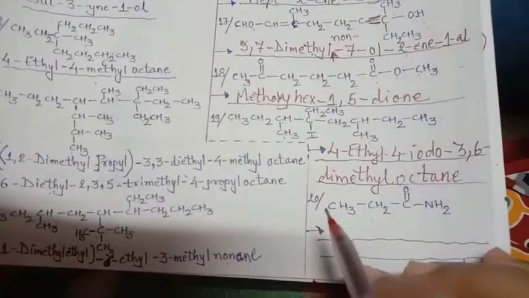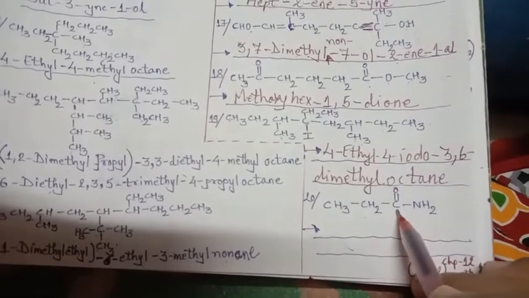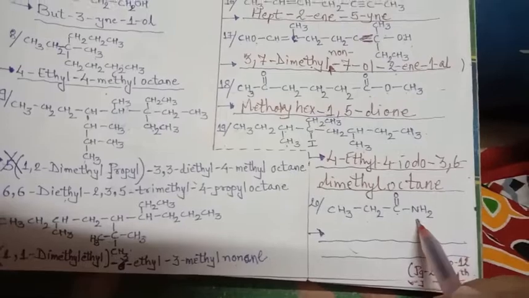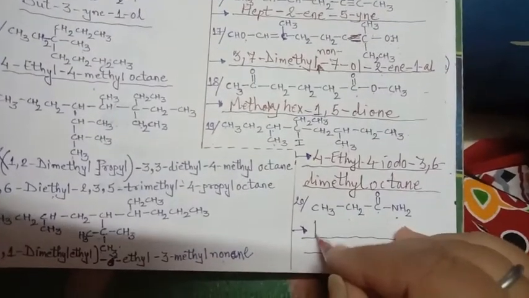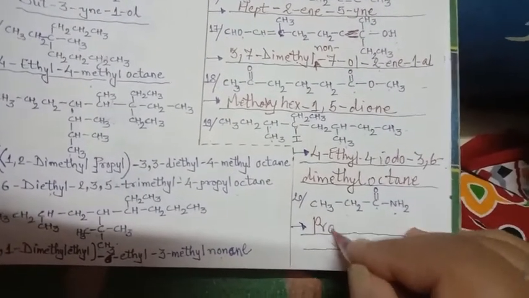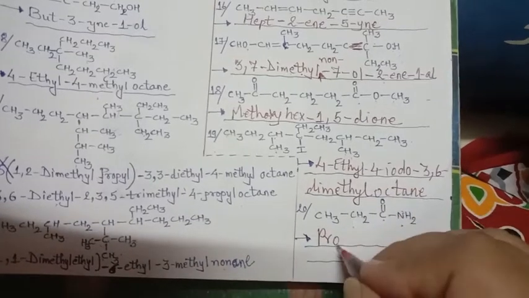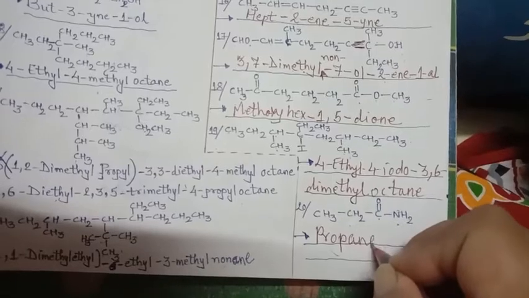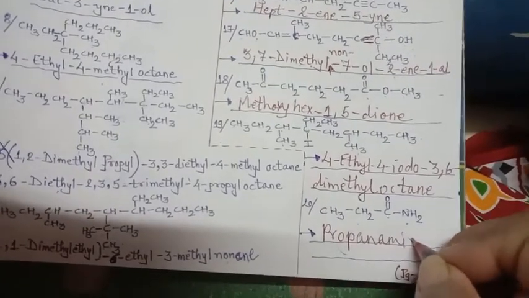Now what is here? 1, 2, 3, so propane, and it is a CONH2 group, an amide group. So it is normally propanamide. On the first carbon only, so we can write propane-1-amide, or we just write propanamide. Clear everyone?